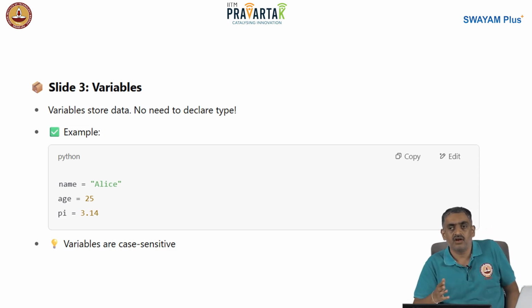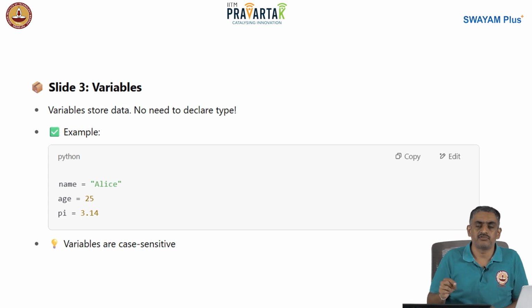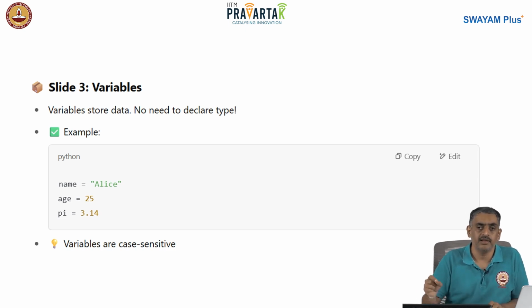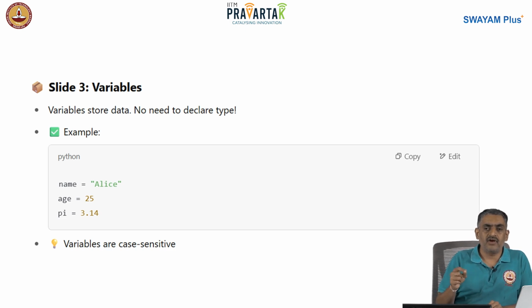These are all data types: a string, or character array; age is a discrete number, so you would usually put int; and pi is a floating point, so you would say float.